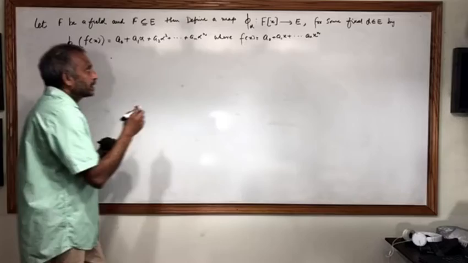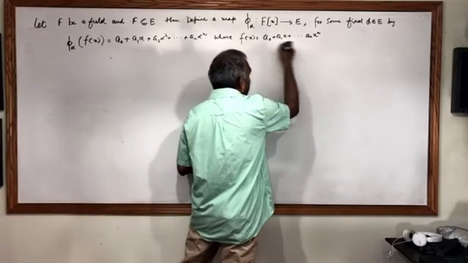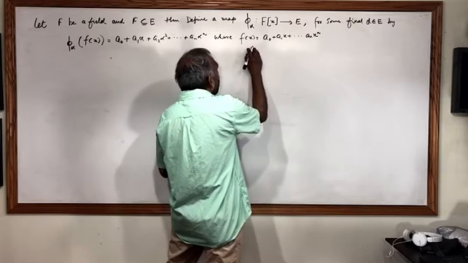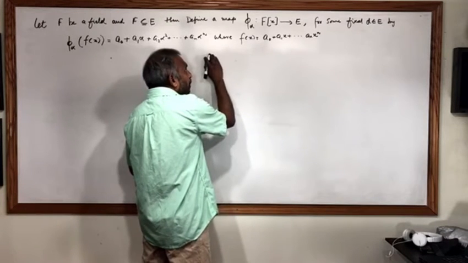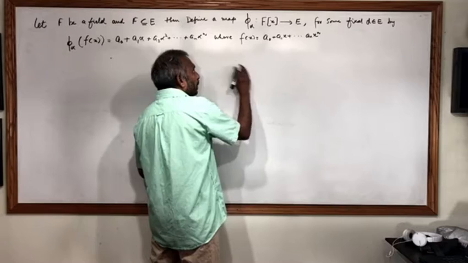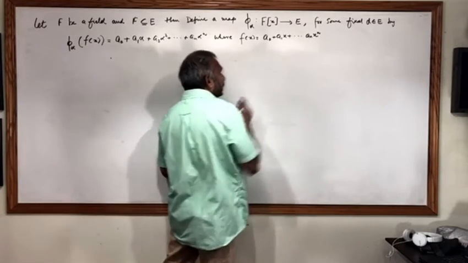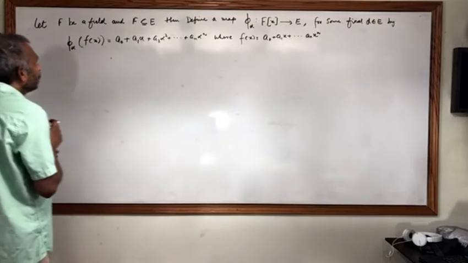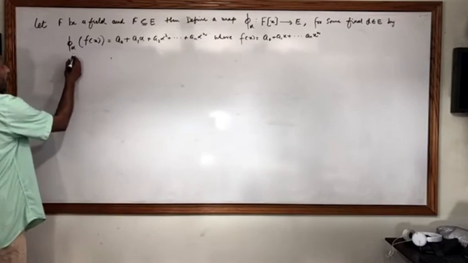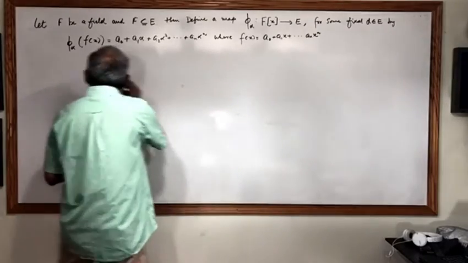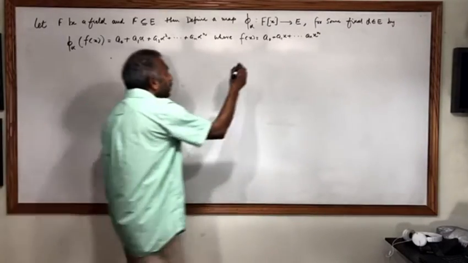So we can always write a polynomial as a finite sequence like this. The definition is on infinite series to avoid some confusion. But finally, when you start writing the polynomial, you will write it like a finite sequence. So what we are doing here is replacing every indeterminate by this alpha and finding the value of this.